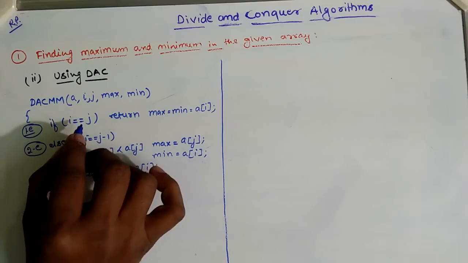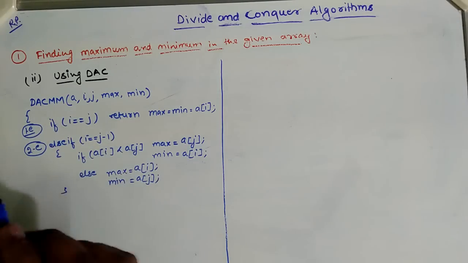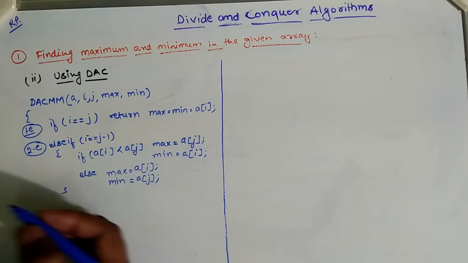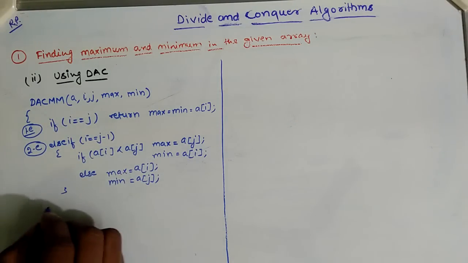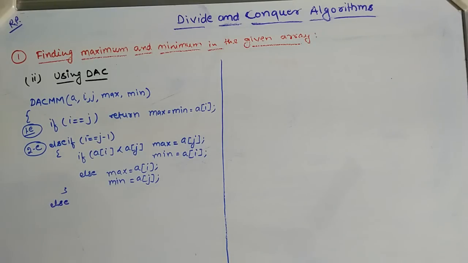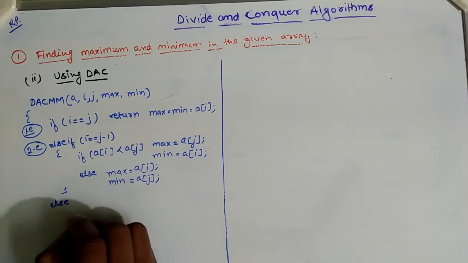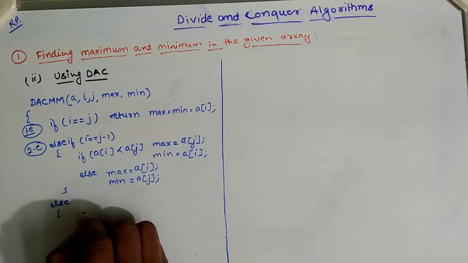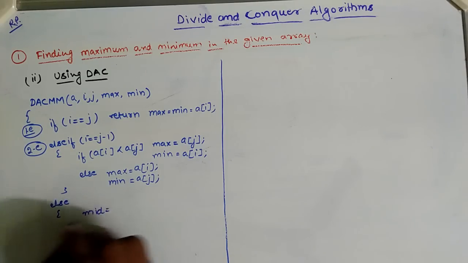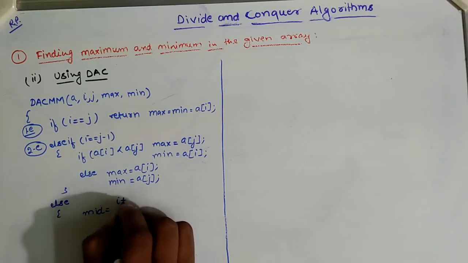Now if there is no base case, then the problem size is big. It means it is not a smaller problem or sub problem. Then for those cases I go to the else part and calculate the mid position using I and j.